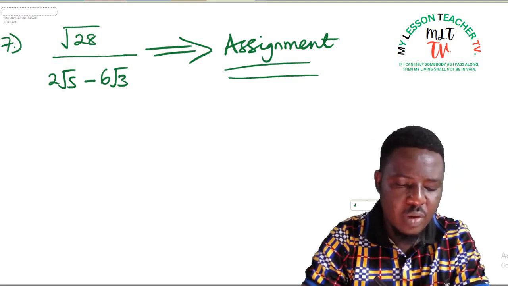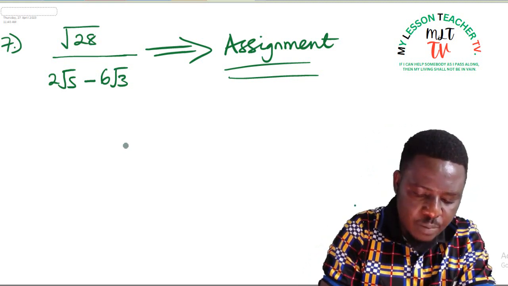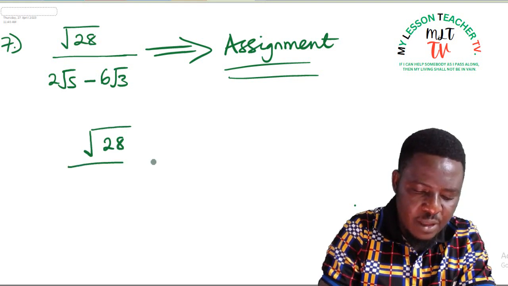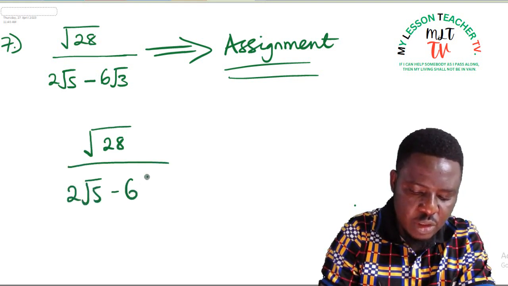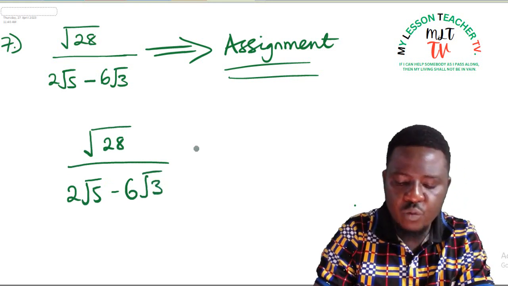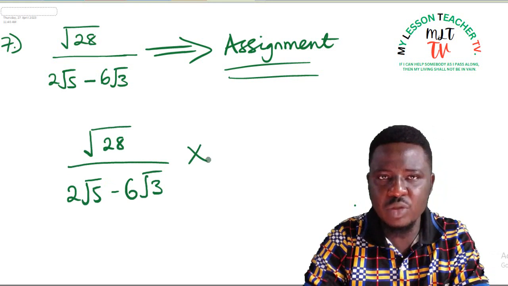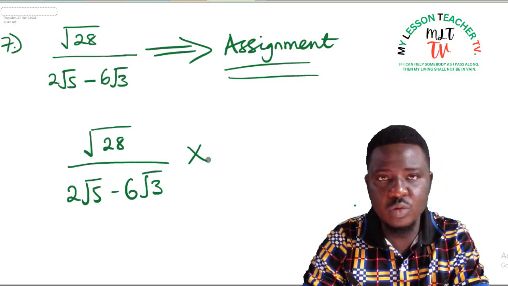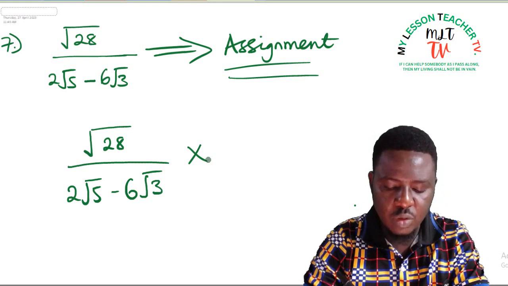So, we are to rationalize this fraction, that is root 28 divided by 2 root 5 minus 6 root 3, of which we said we are going to multiply both the numerator and the denominator by the conjugate of 2 root 5 minus 6 root 3, and the conjugate of it is said to be 2 root 5 plus 6 root 3.